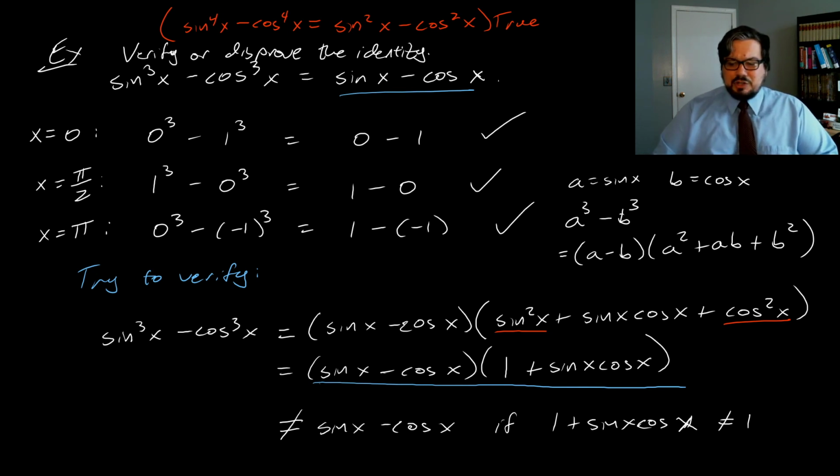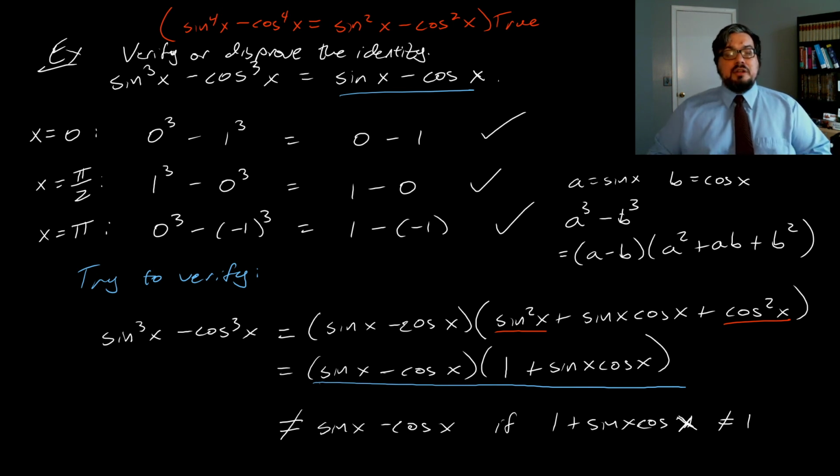So that shows us that this is almost certainly not an identity, but to make absolutely clear about it, to make it 100% obvious, we should use a particular angle to prove this.